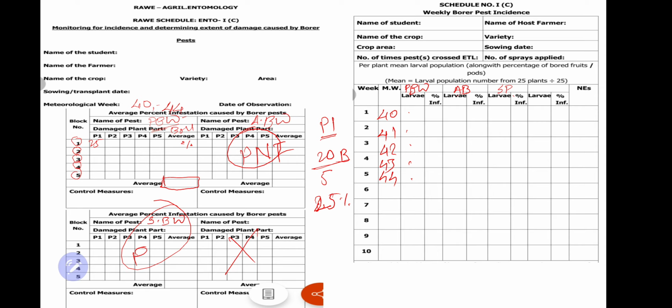If any crop is infected by a single borer, you can mention that single borer. No need to fill all these unnecessarily. Here you are only collecting data of 5 weeks, the rest will be blank, it's okay. But you have to fill all this information in every column, in every sheet properly without fail.